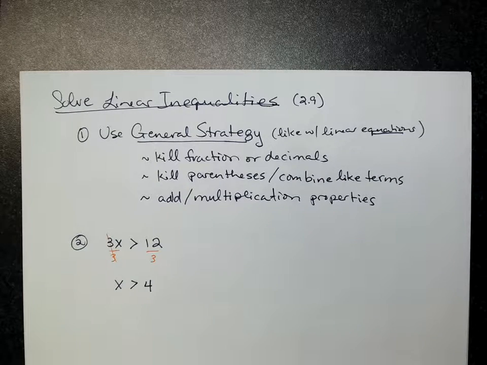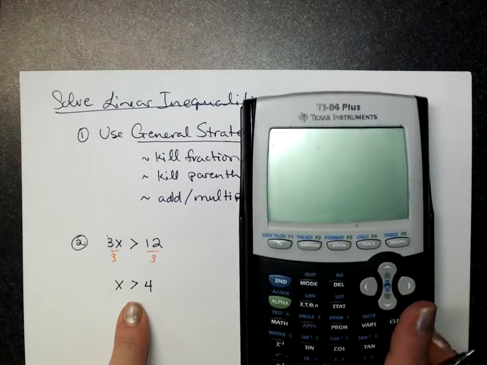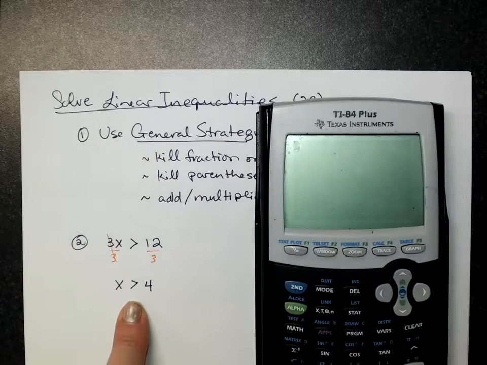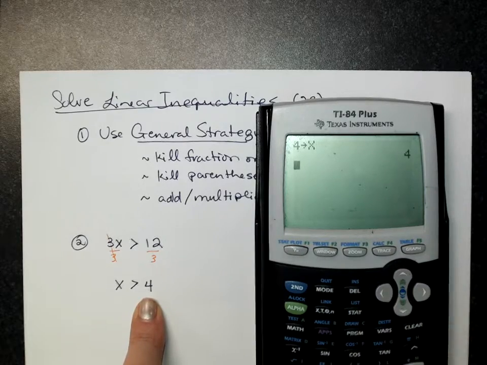Good? Now let's show how to use the test button for checking this. If I decide our solution is 4, we're still going to store it the same way: 4, then the store button above the on key, and X, and push enter.